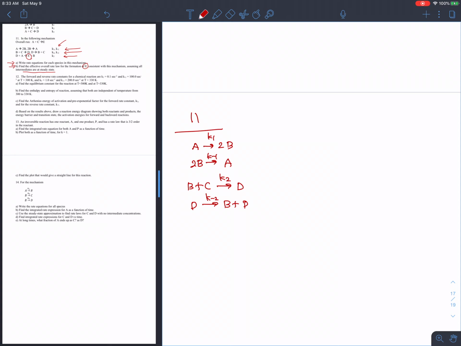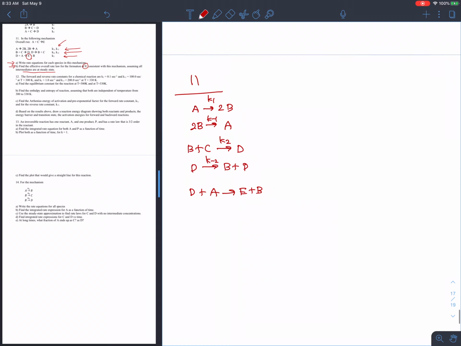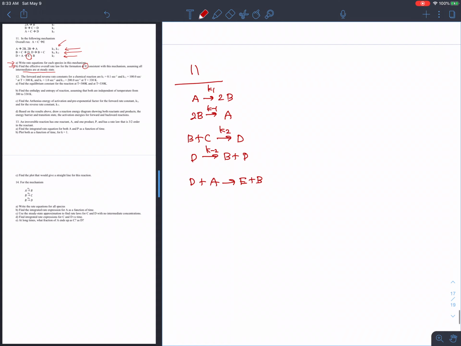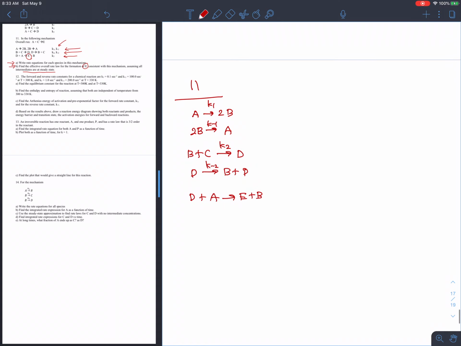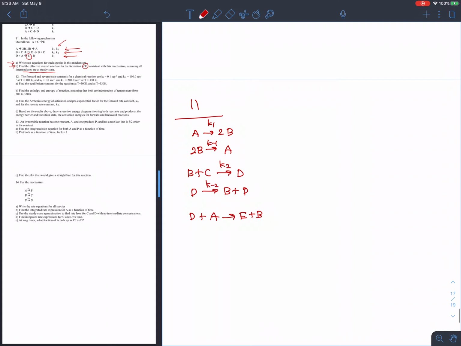And then finally D plus A goes to E plus B. So we've got 5 elementary reactions overall and 5 species. First thing we need to do is write down the rate equations for each of the species.